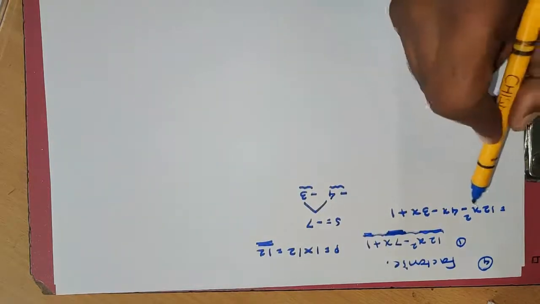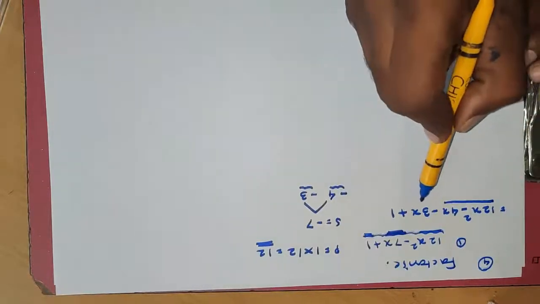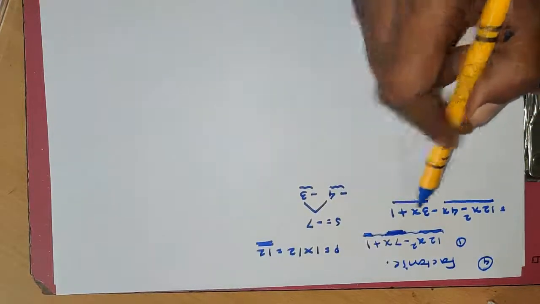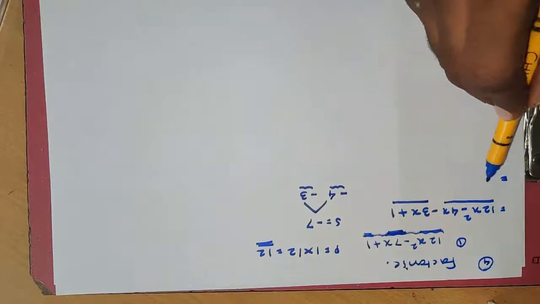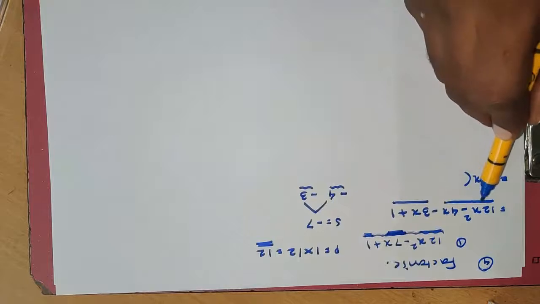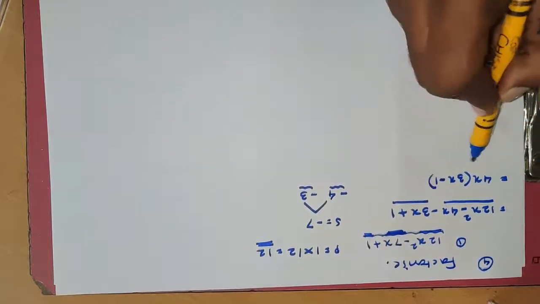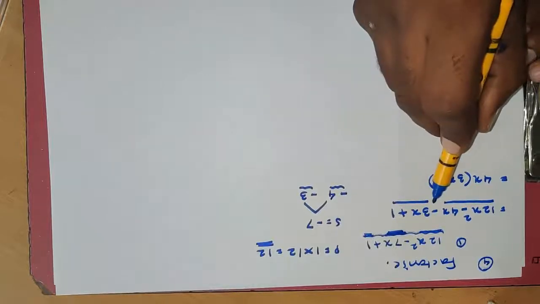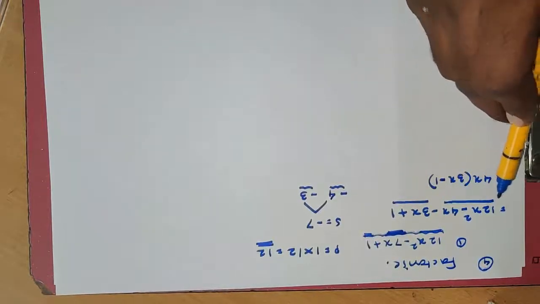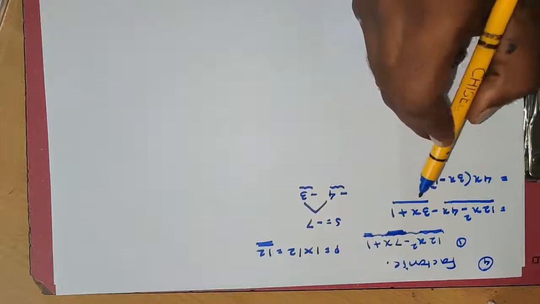Why is this so? Because now we can make the first two terms one group and the next two terms another group. From the first two terms, 4x we can take common. 4 3s are 12, so this is 3x minus 1. 4x is common, so what is left here is 1, so it is minus 1.